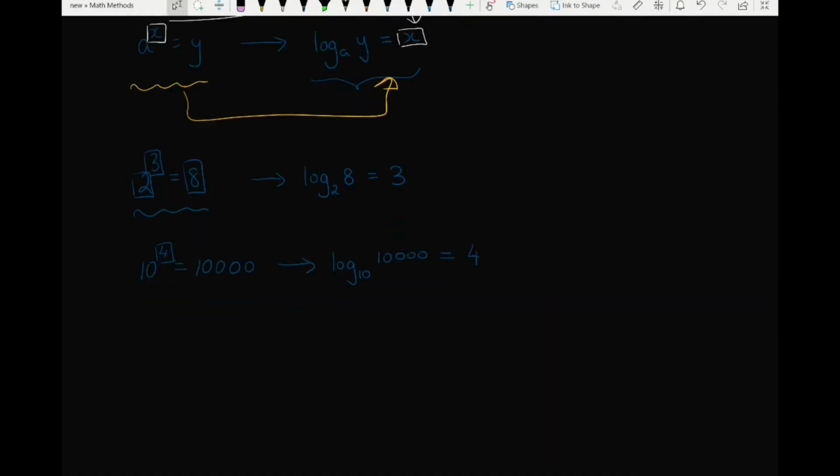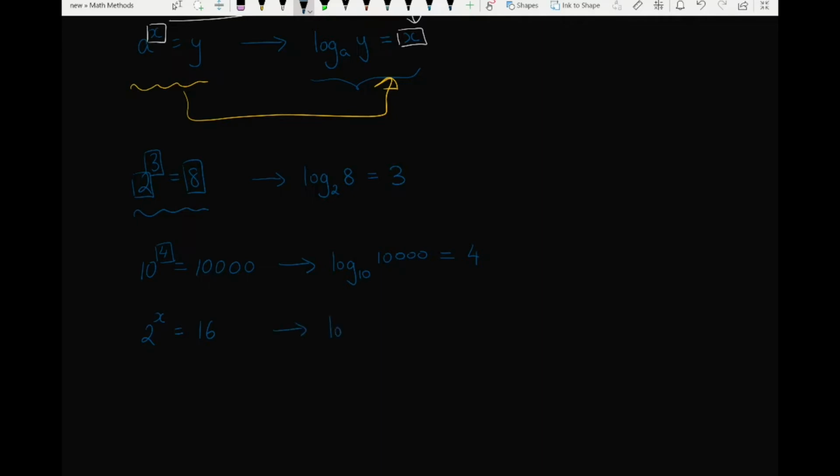So you may get questions where we've got 2 raised to x equals 16. And we may want to write this in a way or rearrange it in a way where x becomes the subject. So that's where we would write that as a log again.